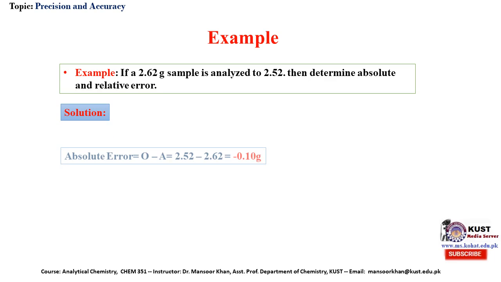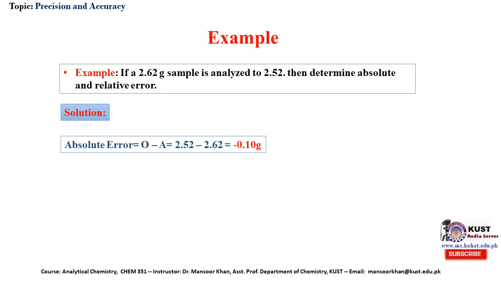Solution. As we know that absolute error is equal to the difference between observed value and true value. So putting the values, the observed value is 2.52 minus the accepted value, which is 2.62, and the result is minus 0.10 gram.